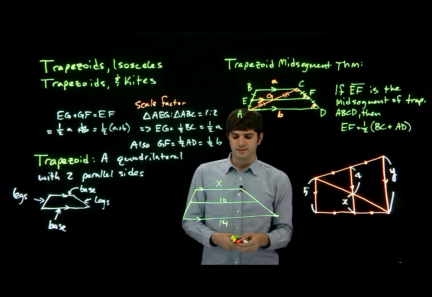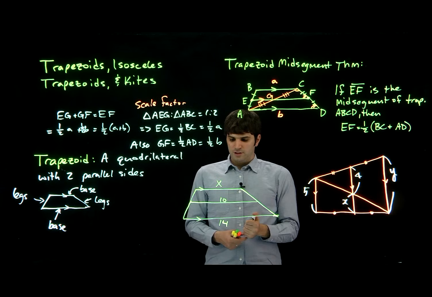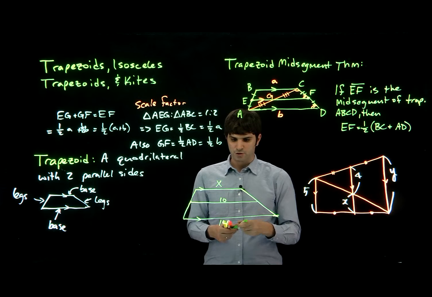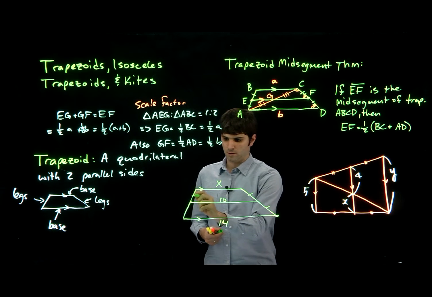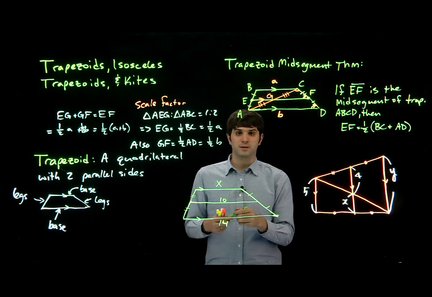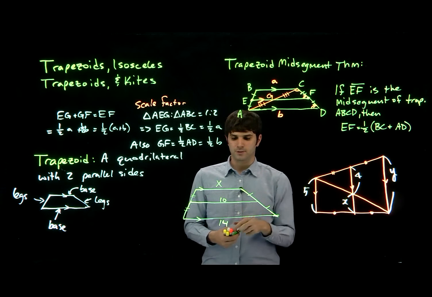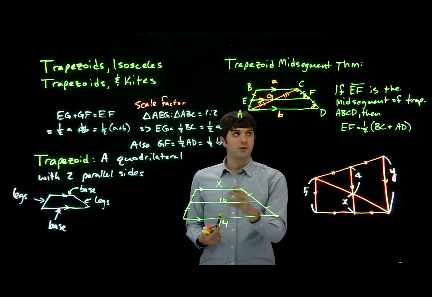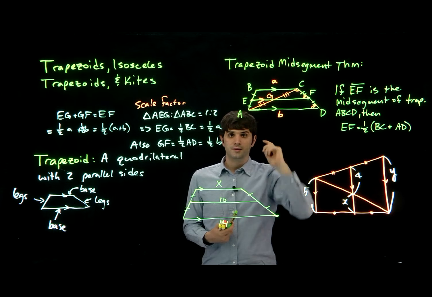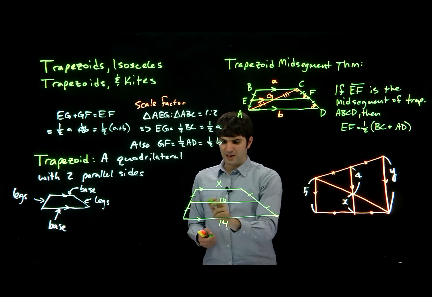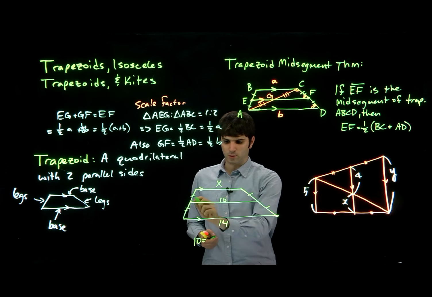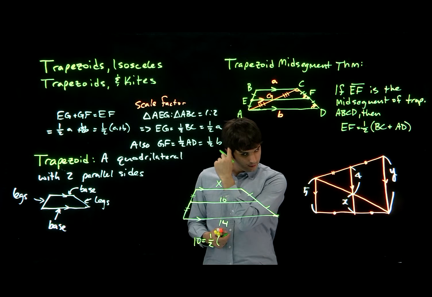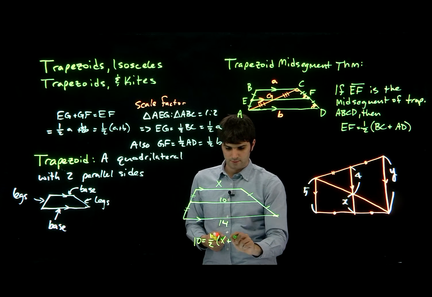First, this green one is the easier of the two. We need to know that these are midpoints, because if that's not true, then we can't use the mid-segment theorem. So this is our given here. The trapezoid mid-segment theorem says that this mid-segment, 10, is going to equal half of x plus 14.